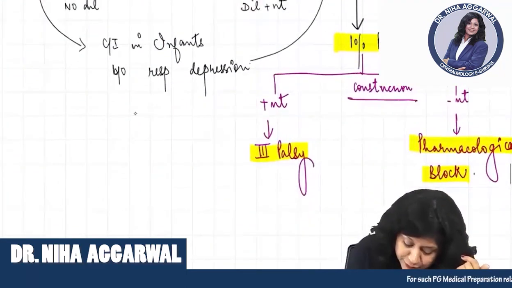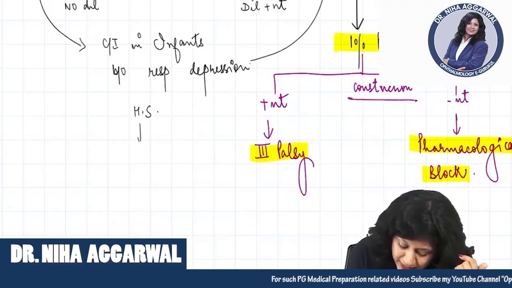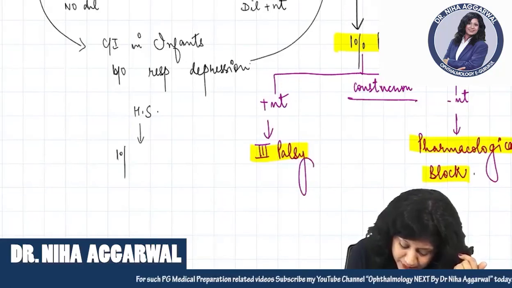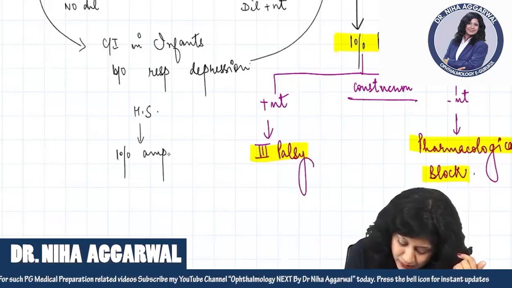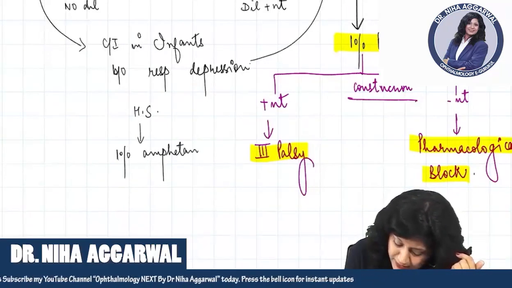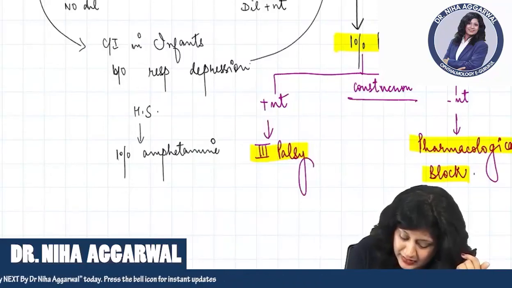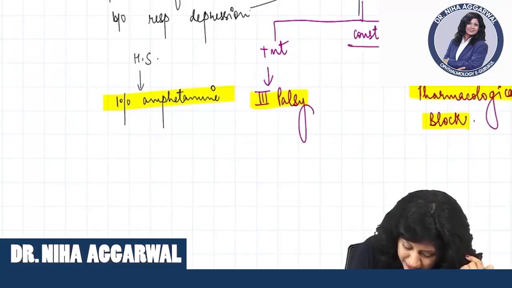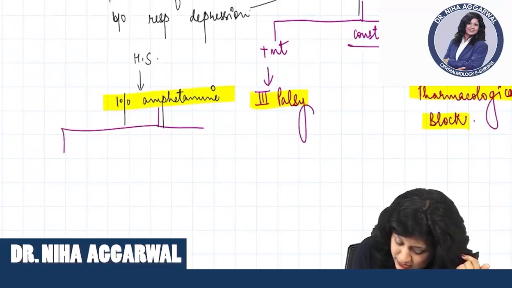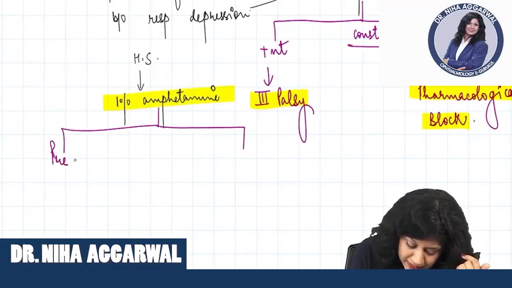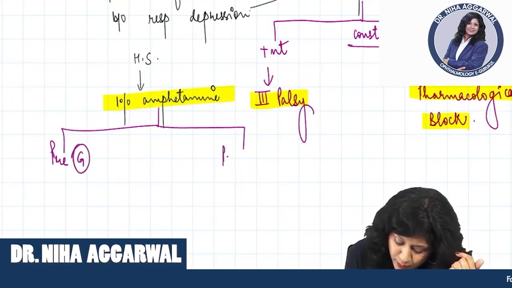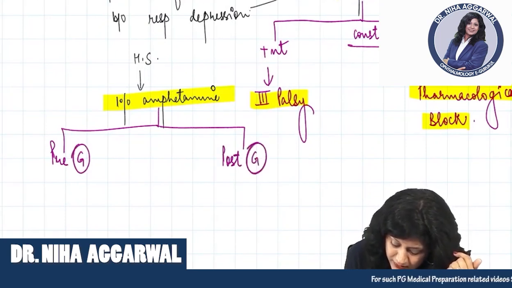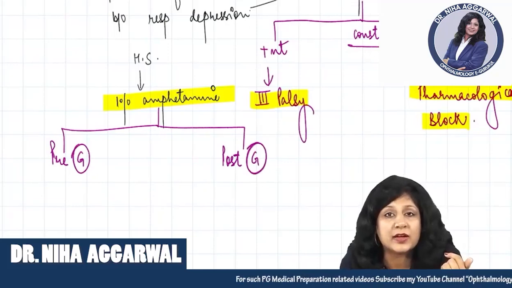Now once you have confirmed Horner syndrome, then you can give 1% amphetamine. What it is going to do, you can now demarcate whether this Horner syndrome is pre-ganglionic or post-ganglionic.